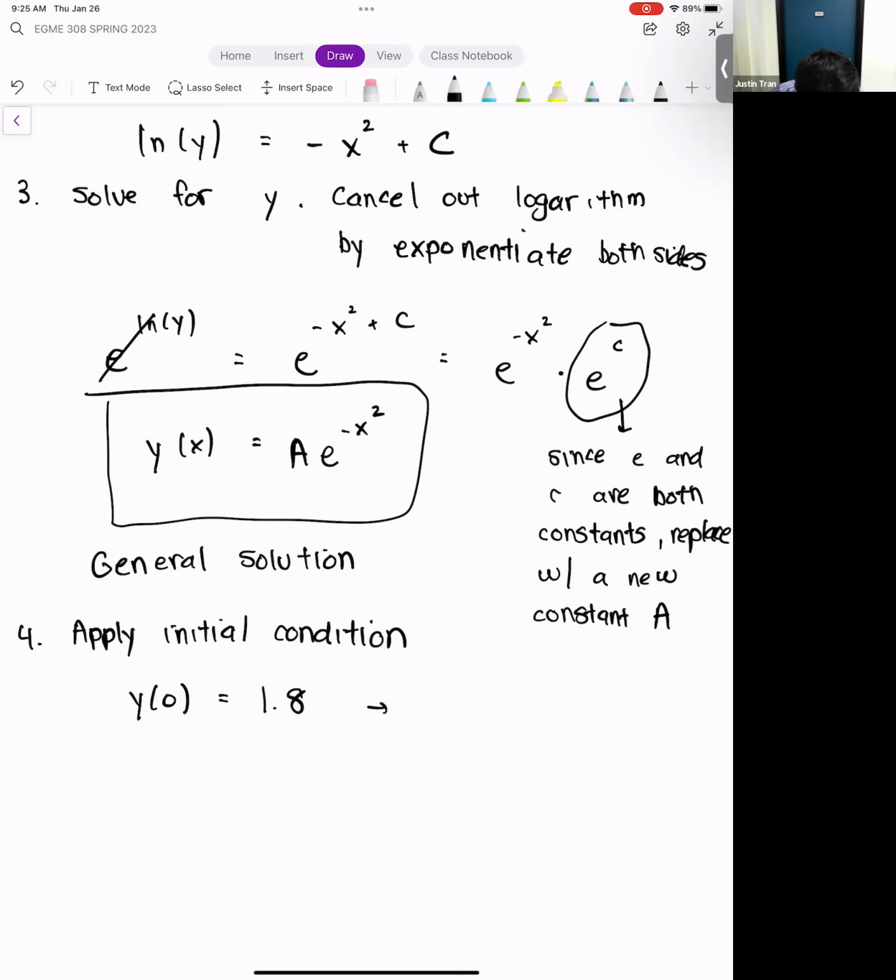So this means when x is equal to 0, then y is equal to 1.8. So let's plug this into our general solution and use that to solve for A.